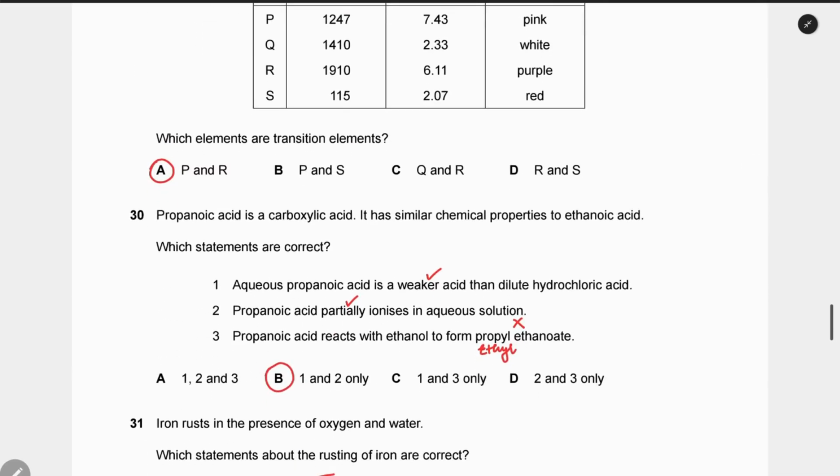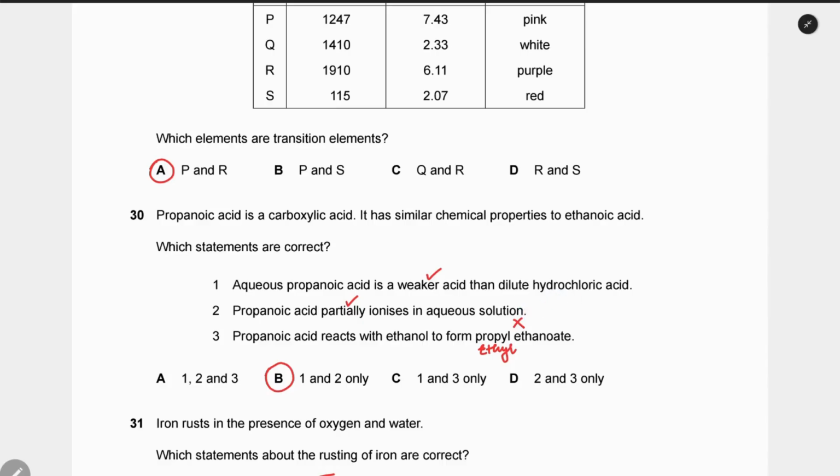Question number 30. Propanoic acid is a carboxylic acid. It has similar chemical properties to ethanoic acid. So we already know that propanoic acid is a weak acid and it's going to have partial ionization. So let's see which statements are correct. Aqueous propanoic acid is a weaker acid than dilute HCl, which is correct. Propanoic acid partially ionizes in aqueous solution, which is also correct.